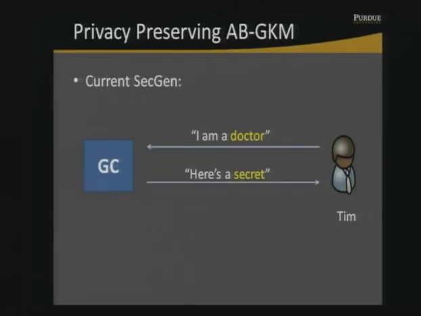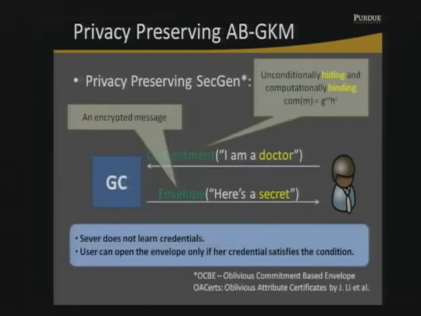So what we do is we use a protocol called OCBE, which obliviously gives secrets to the users. The high-level idea is as follows. Instead of submitting, saying that I am a doctor, the user gives a commitment. A commitment is a cryptographic construct that hides some value, but still binds it to the user.